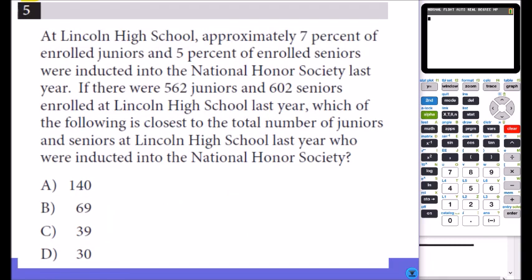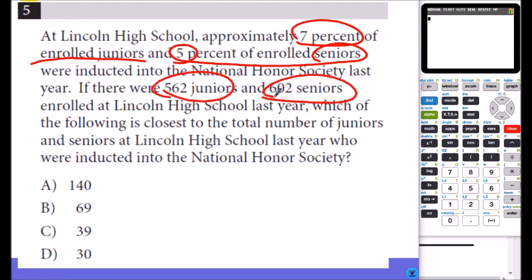Number 5, in Lincoln High School, approximately 7% of enrolled juniors and 5% of enrolled seniors were inducted into the National Honor Society last year. If there were 562 juniors and 602 seniors enrolled at Lincoln High School last year, which of the following is closest to the total number of juniors and seniors at Lincoln High School last year who were inducted into the National Honor Society?